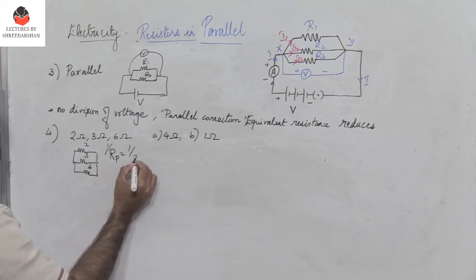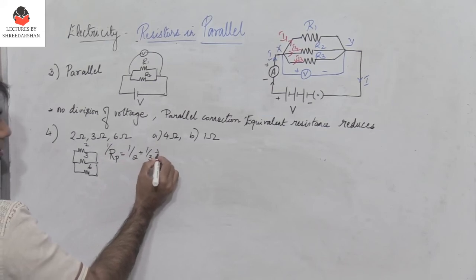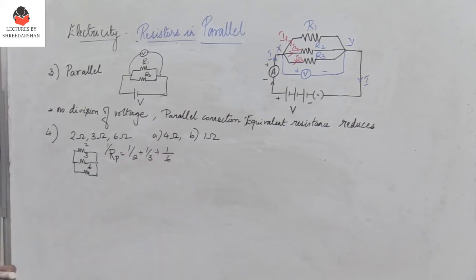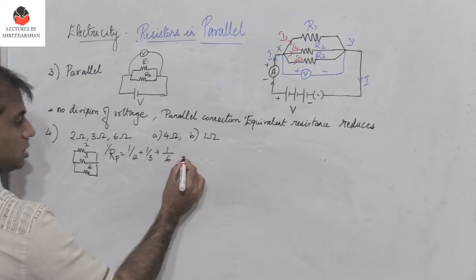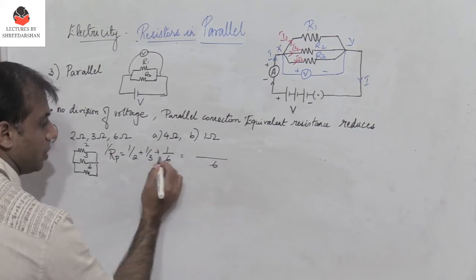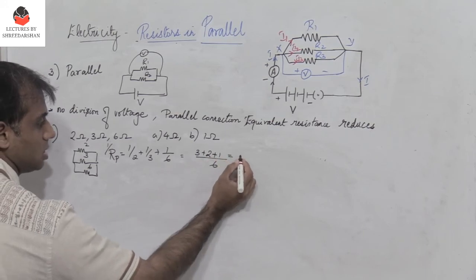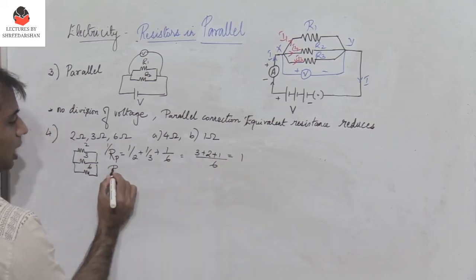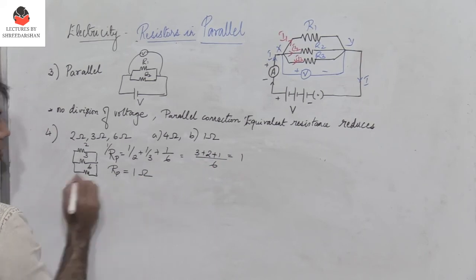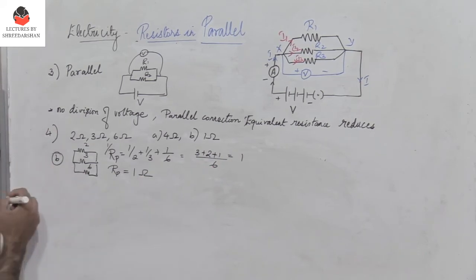It is 1 by 2 plus 1 by 3 plus 1 by 6. So if I take 6 as the LCM, 6 by 2 is 3, 6 by 3 is 2, plus 1, I get 6 by 6, which is 1. So Rp is 1 by 1, which is 1 ohm.